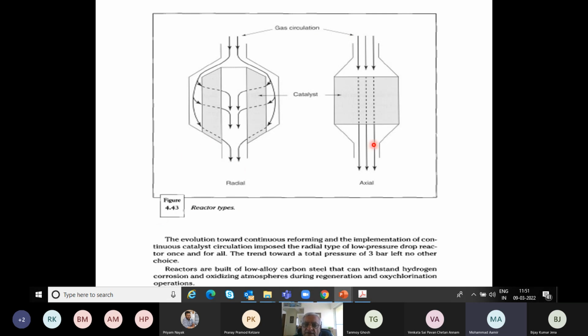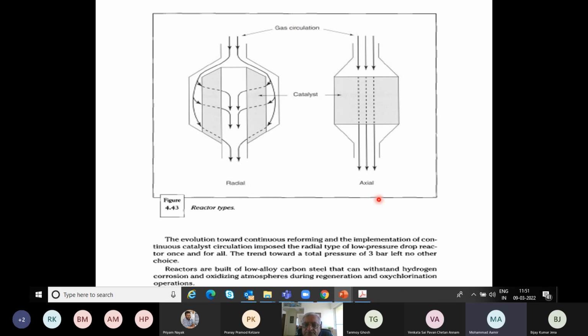One way to fill up the catalyst in the reactor is this way, where you have a longitudinal flow. You put a screen here, what we call a Johnson screen, a very fine mesh, and you put the catalyst on top of it, and the gas passes through this.